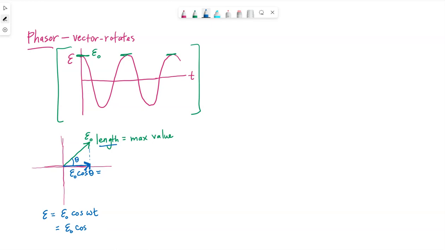So the angle in my little diagram is omega t. This horizontal or x component of my phasor represents the instantaneous EMF, the value of the source voltage at that exact moment in time.